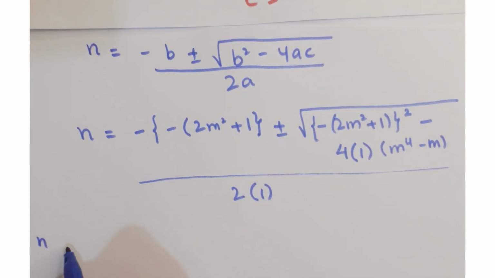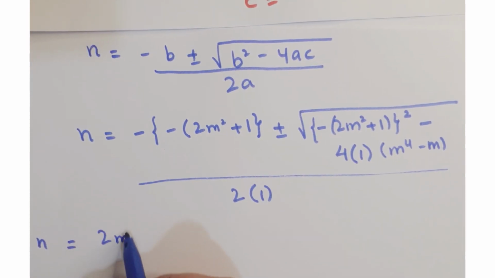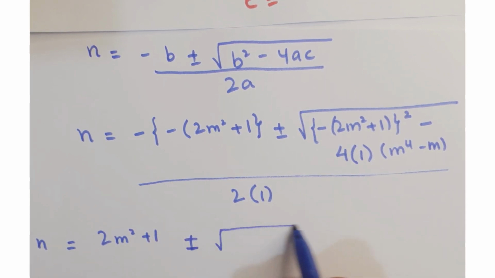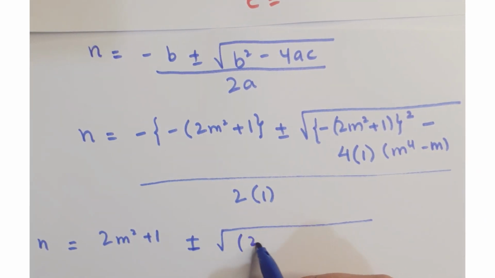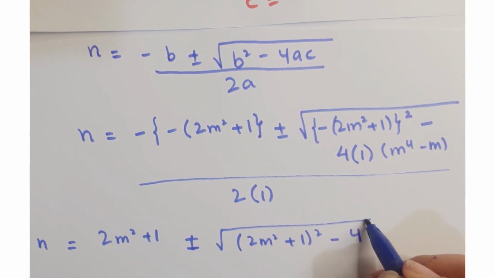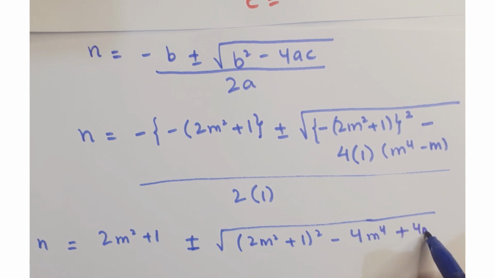Further, you get n is equals to 2m square plus 1 plus minus under root, this minus sign gets changed into a positive sign, minus 4 m to the power 4 plus 4m, upon 2.